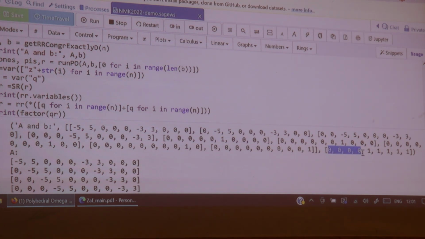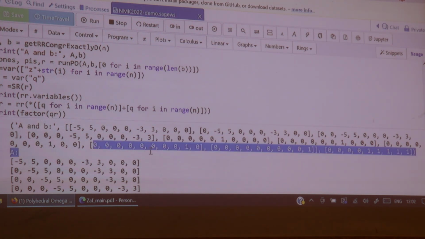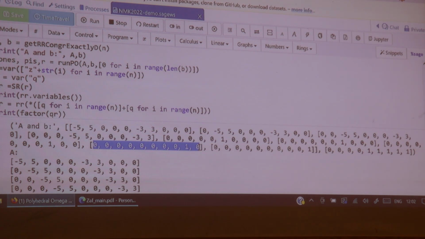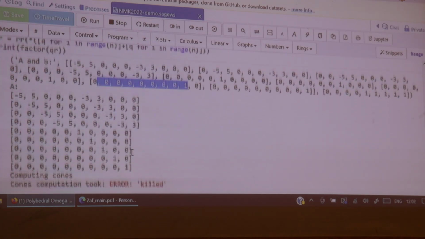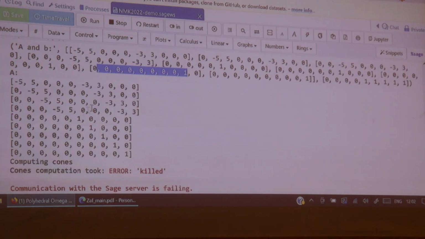The 4s are cancelling, the constants are cancelling in the subtraction. I also introduced these inequalities which tell me that these Li are all smaller or equal than 1. Here we could see it better, right?